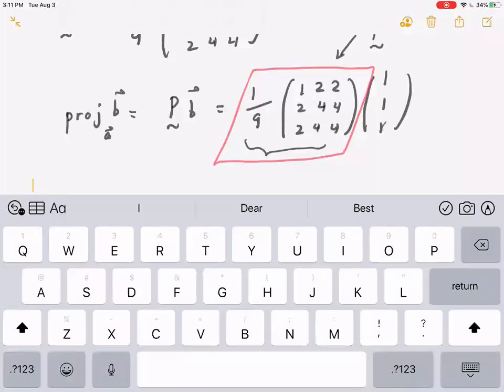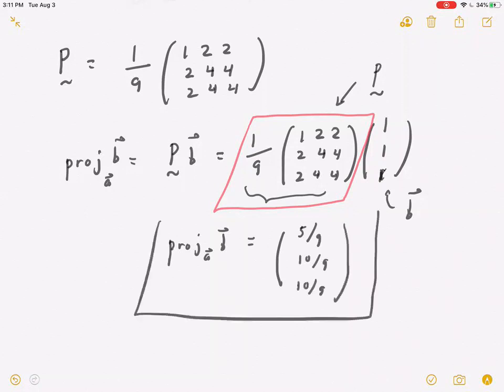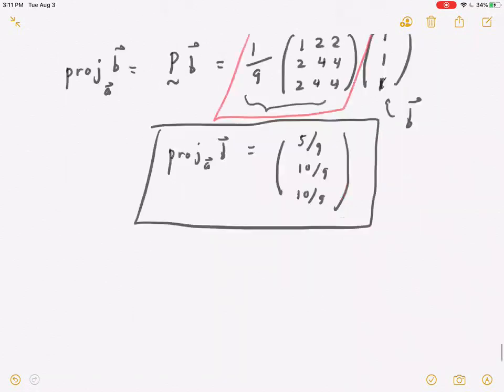And this thing over here is just B. And we've gone through all this trouble to study how matrices work and how to multiply them. And you can get the following result. The following 3x1 matrix is in fact the projection of B onto A in this problem. Okay. And you'll have lots of opportunities to practice this in the problem set.